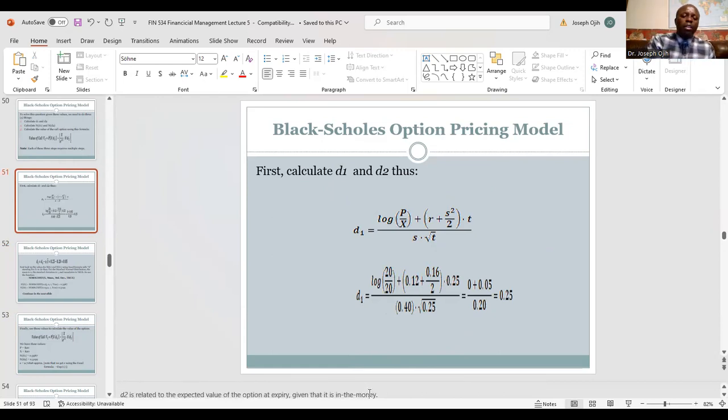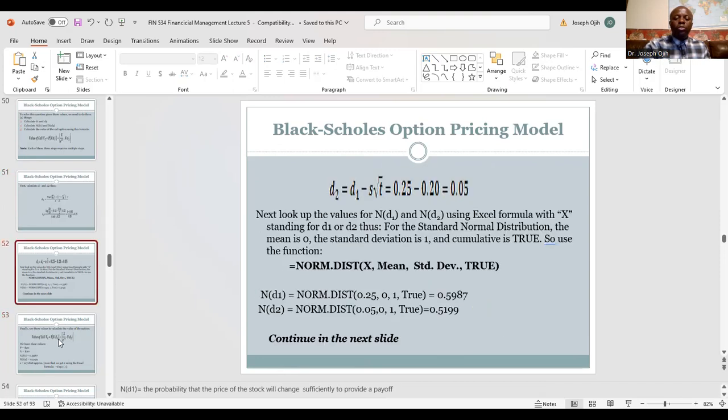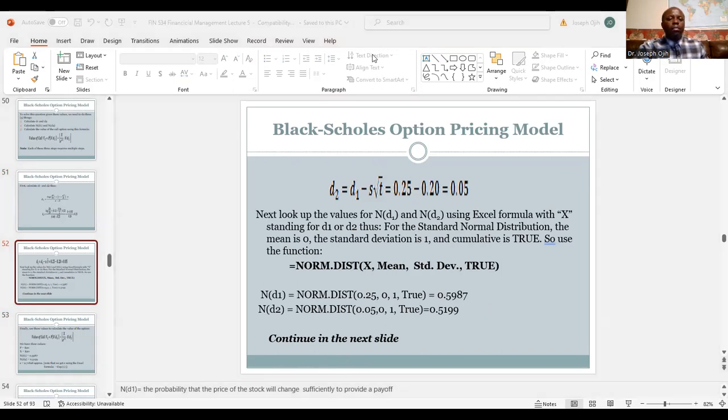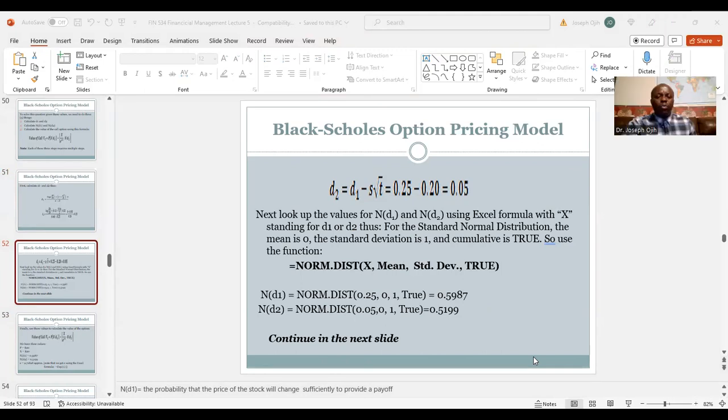But D2 simply means the expected value of the option at expiry, given that the option is in the money. So we call it D2. Now, our results so far are good. We have it here as 0.05, which is something we have in our spreadsheet.